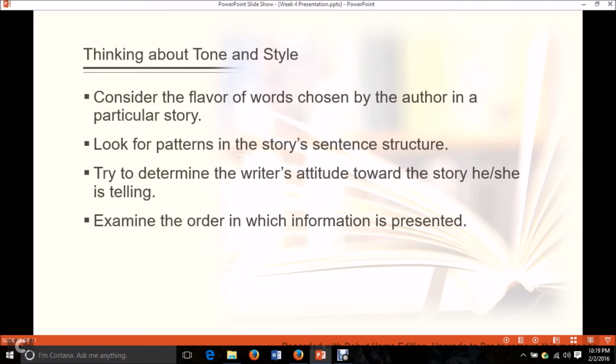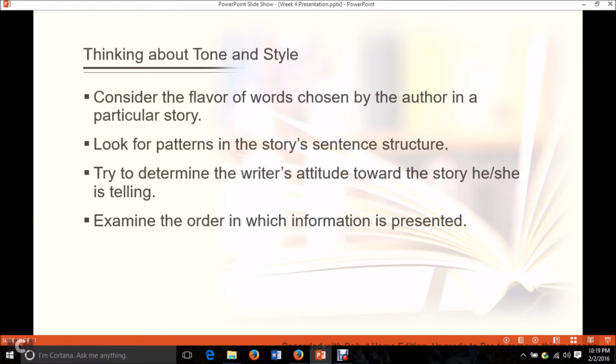Other things, try to determine the writer's attitude through the story's telling. So look at the plot and the characters, those elements in which the story is conveyed, and ask: is there an attitude that's presented with it? Is there an overall point? What's the point of the story, and how does that connect to attitude and tone? And then examine the order in which information is presented and how that develops the overall storyline.